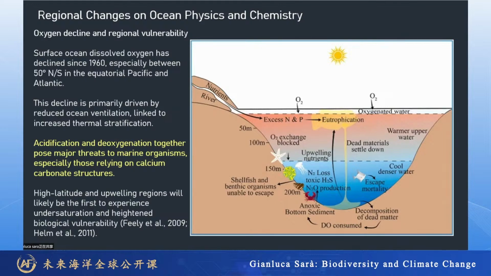We have in this case just three factors working together. Acidification, deoxygenation, and increasing temperature together pose major threats to marine organisms, because they have effects at different levels of the energy budget.